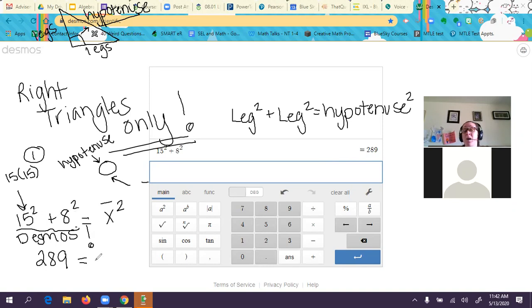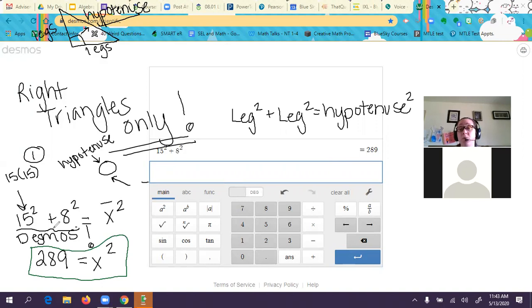So right now, my Pythagorean theorem is still equal to x squared. How am I going to get rid of that squared so I can figure out what x is? Because this is where I'm at right now. I don't really want to know what x squared is. I want to know what x is.